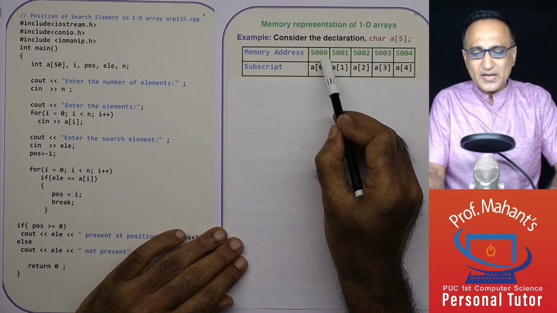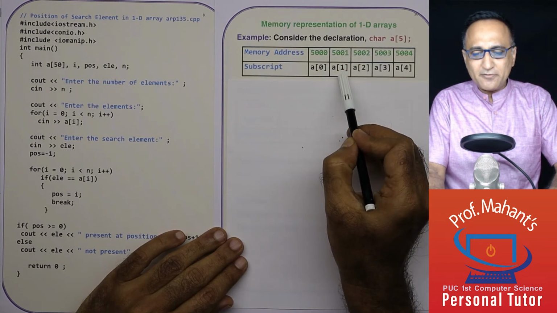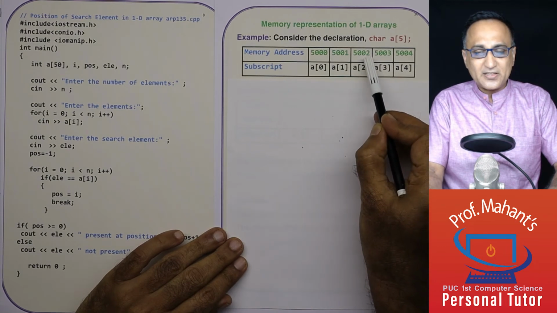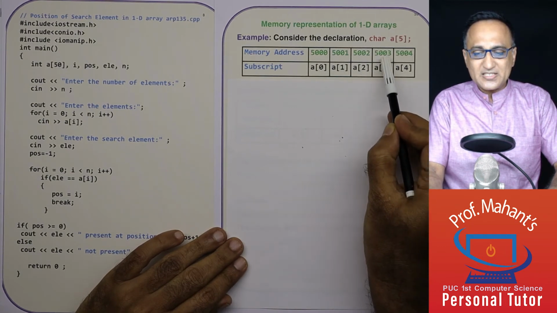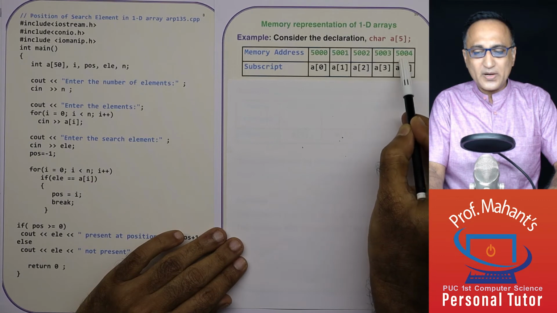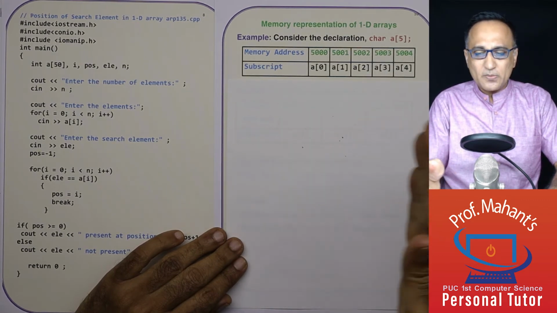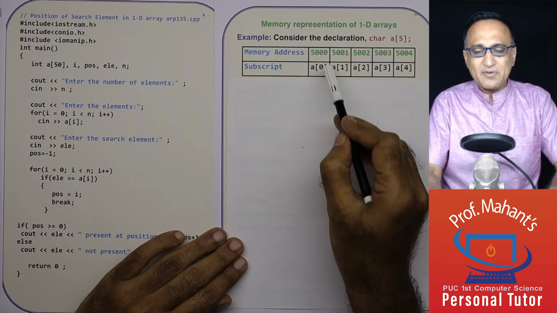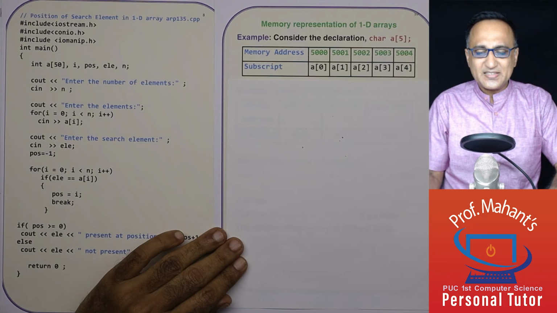A of 0 will exist at 5000, A of 1 at 5001, A of 2 at 5002, A of 3 at 5003, and A of 4 at 5004. Since it occupies 1 byte, each position can be found at the corresponding address this way.